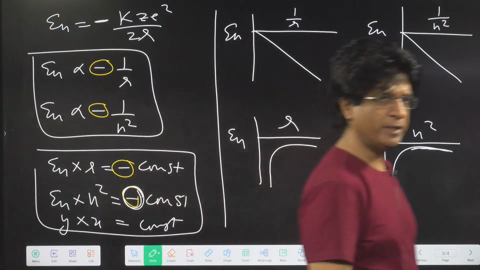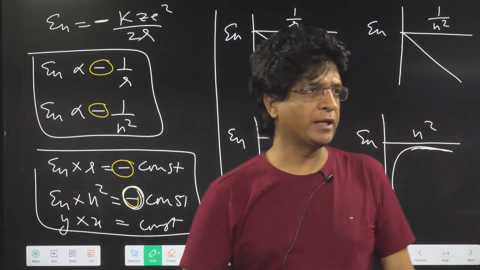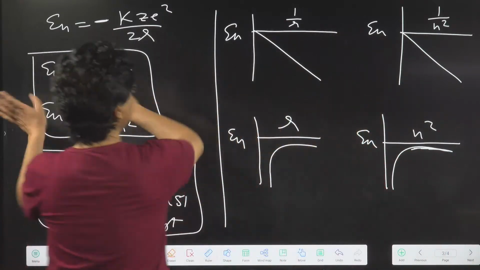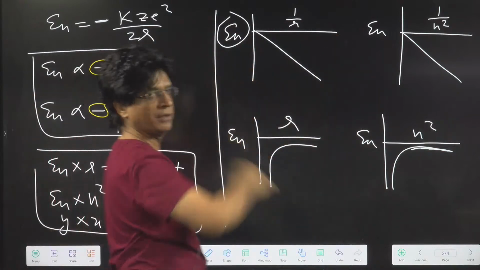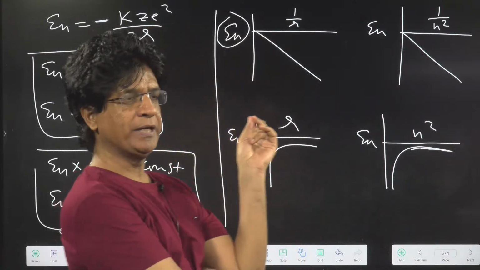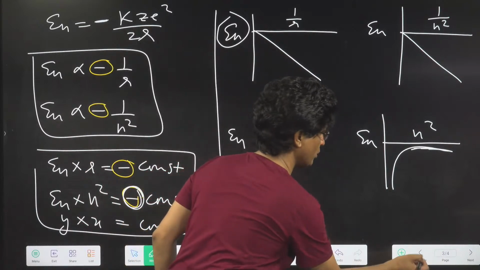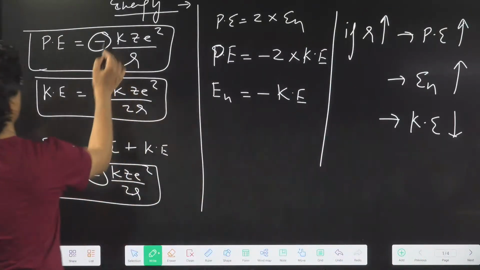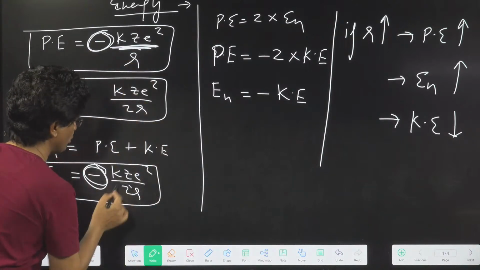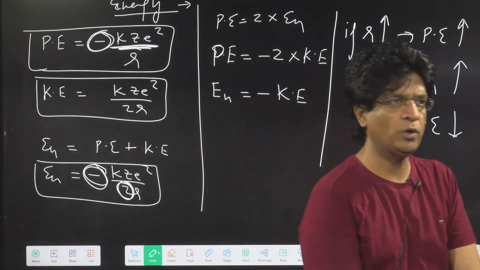Acha, will you agree with me if I tell you that the graph of potential energy will be same as that of En? Can I say that? No, potential energy is also negative. Potential energy is also negative, beta. Both are negative, and the formula is almost the same. Only the 2 is there, which is also a constant.